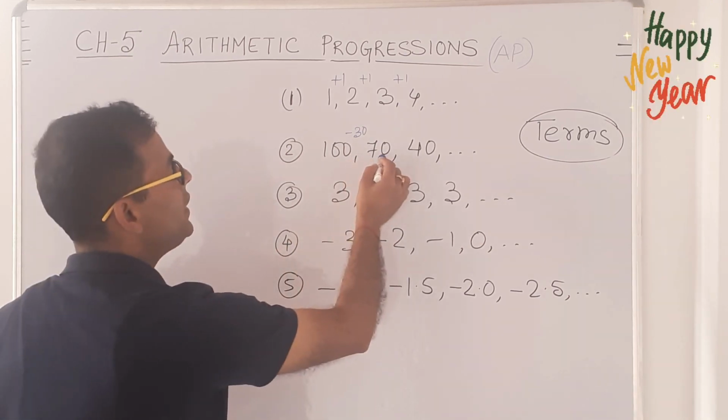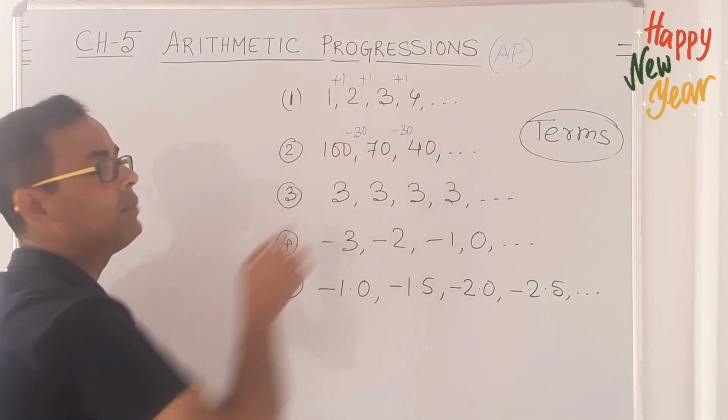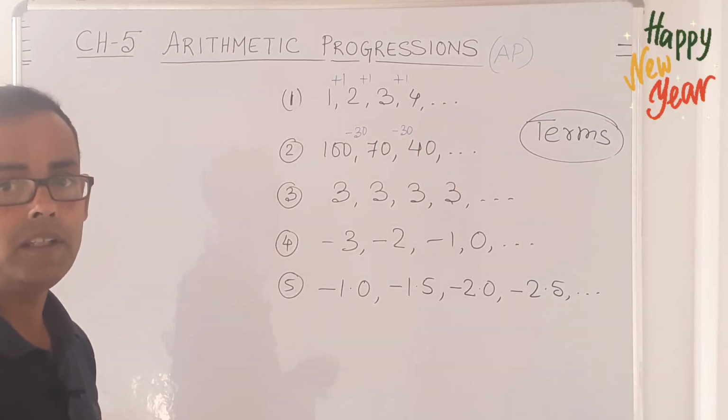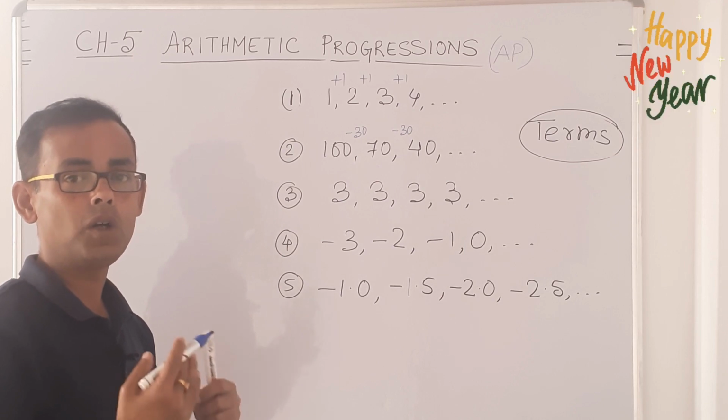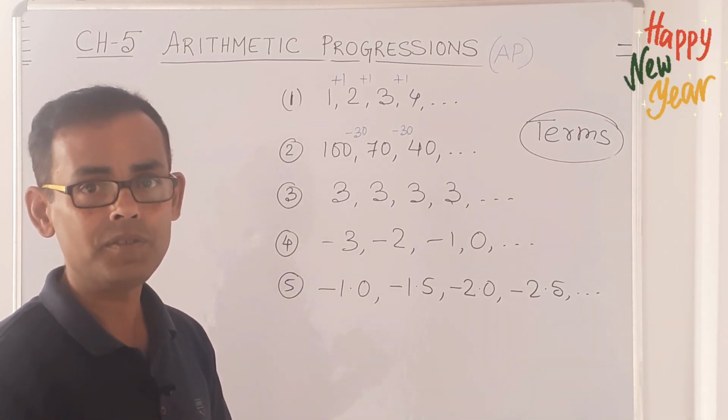Again from the preceding, if I subtract 30, I get the successive term. The first one is called the preceding term and the next one is called the successive term.